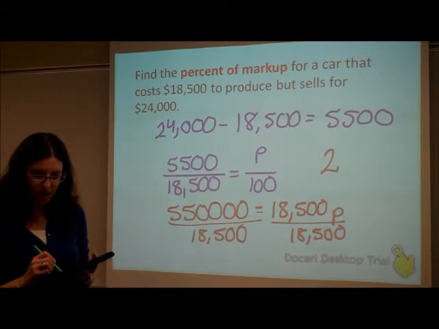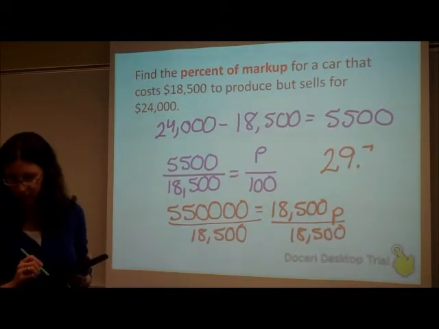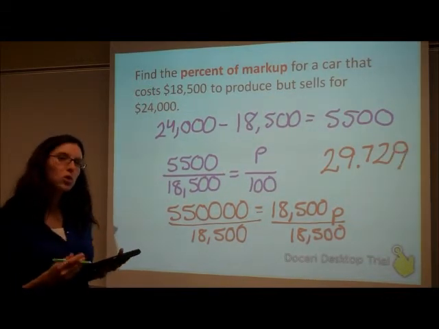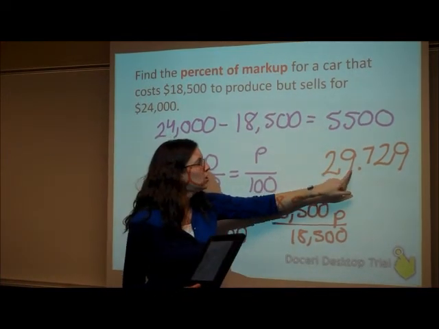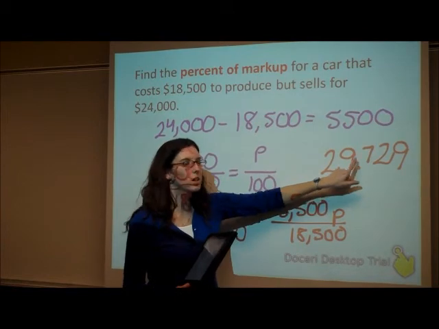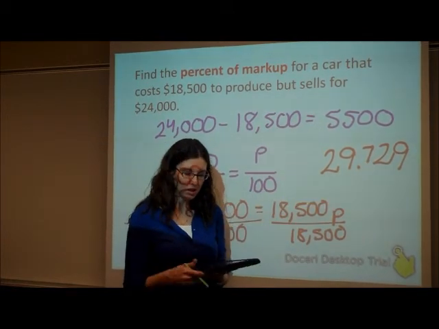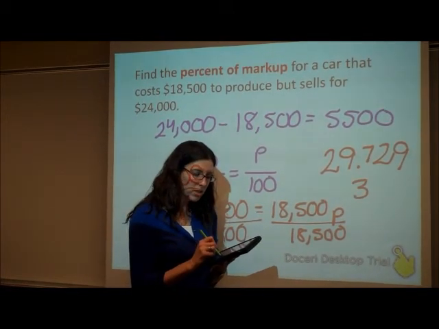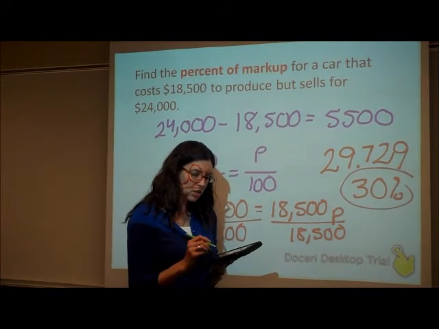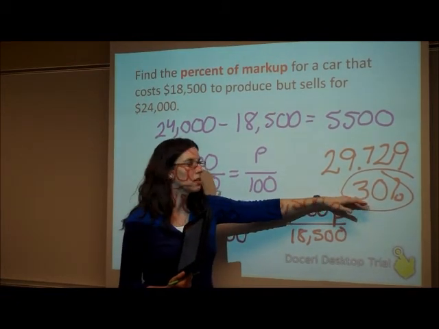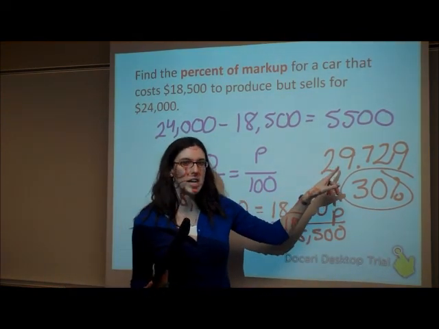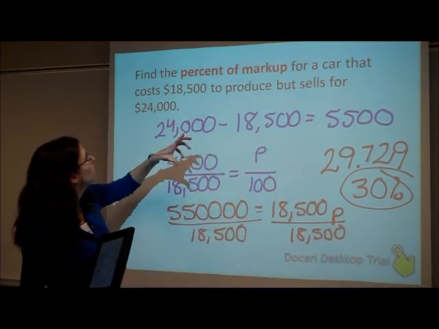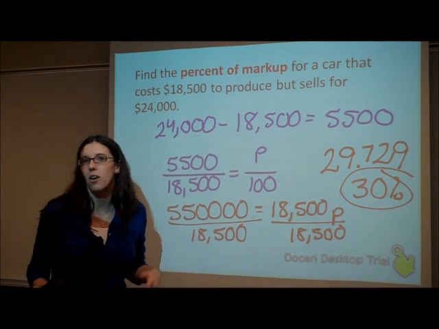So we get 29.729. So let's say I want this to the nearest whole percent. So I don't want a decimal part. So looking at the next number, it says 7. So I'm going to bump that up to 30%, because this is closer to 30% than it is to 29. Okay? So the percent of markup is about 30%.